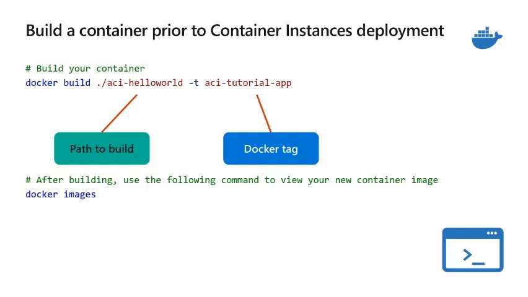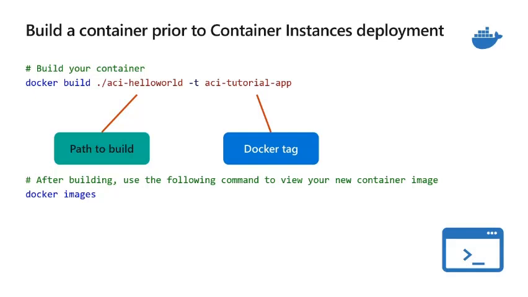Use the docker build command to create the container image and tag it as aci-tutorial-app, as we did here. The output from the build command is similar, where you have information about the Docker build, what steps it took, and all the steps, step by step, it will show that.